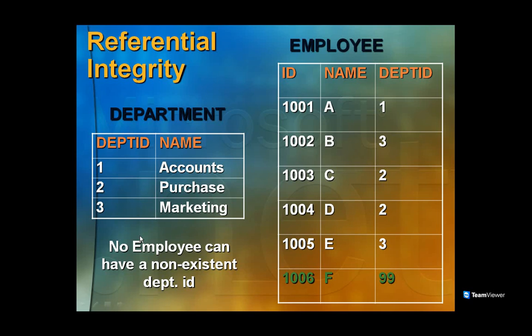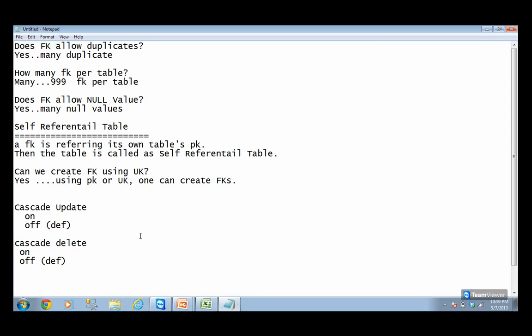Okay. Now there is an interview question people asked. Can we apply cascade features in a self-referential table?